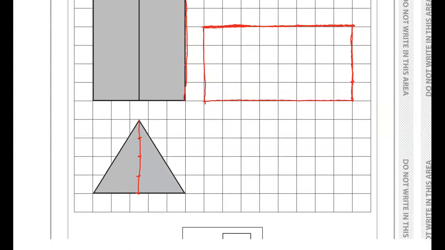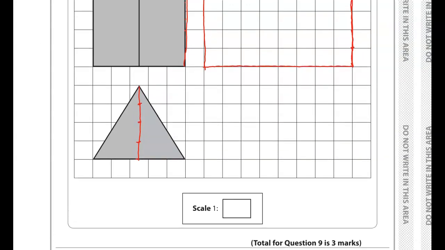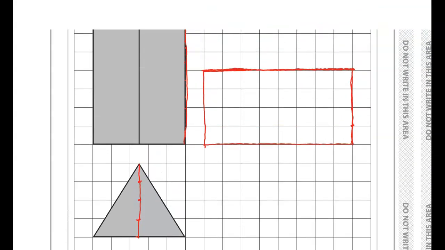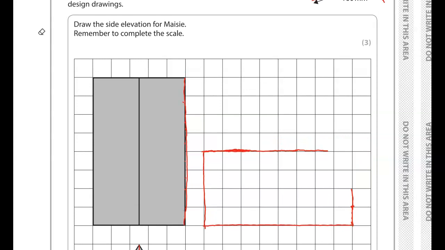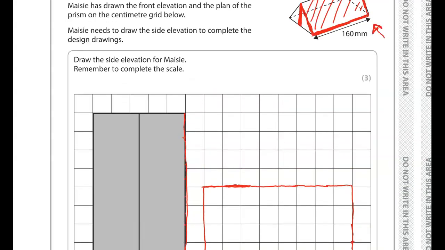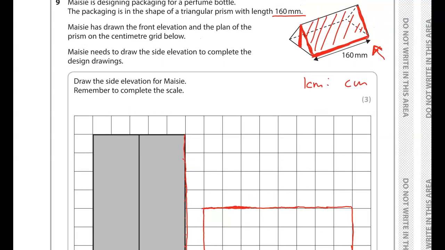Now we need to complete the scale. It says 1, 2. So 1 square here, which is also 1 centimeter. So 1 centimeter on the grid is equal to how many centimeters in reality?